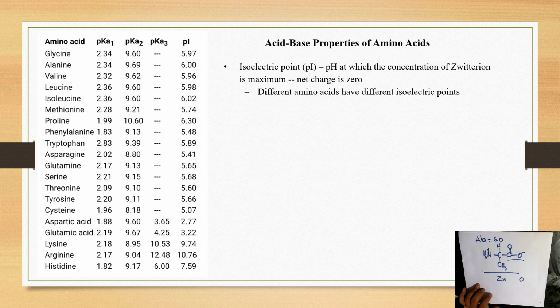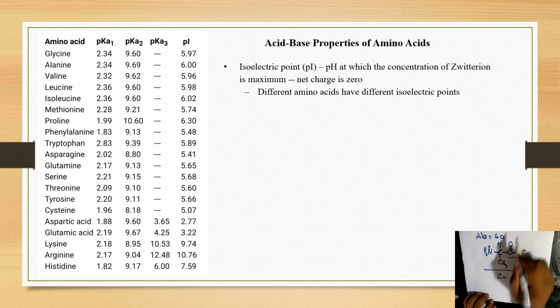How did we get 6.0 as the isoelectric point for alanine? All you have to do is, in this table, there is this value for alanine, the pKa1 is equal to 2.34, and then the pKa2 is equal to 9.69.